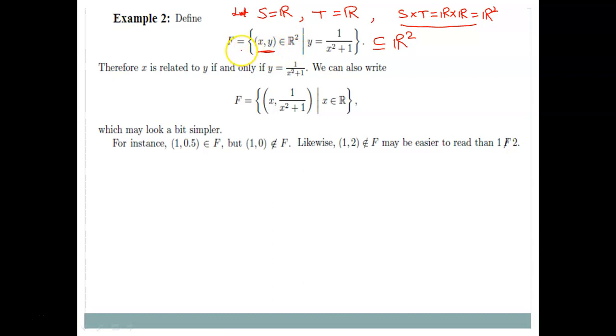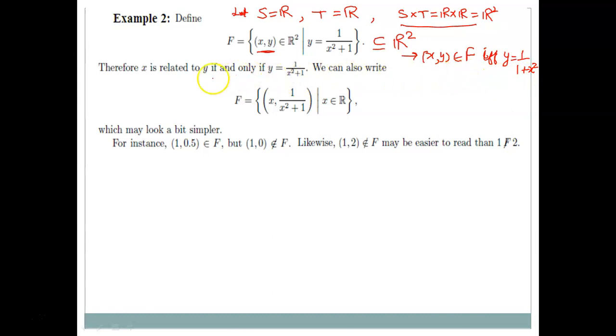But what is the rule here? The rule here is that the pair (x,y) belongs to this set F if and only if y is expressible as 1 over 1 plus x square, where x is a real number.